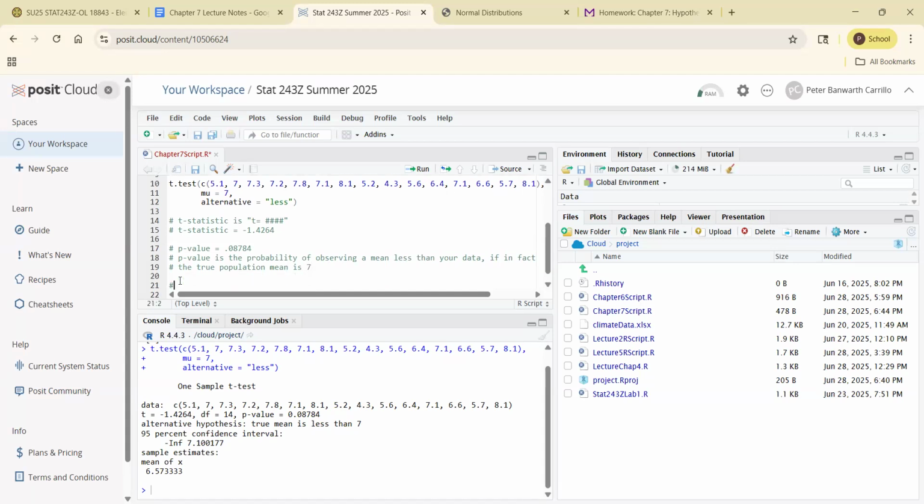And what is the mean? Well, the output also shows you the mean. It shows you the mean right there. The sample mean is 6.573.